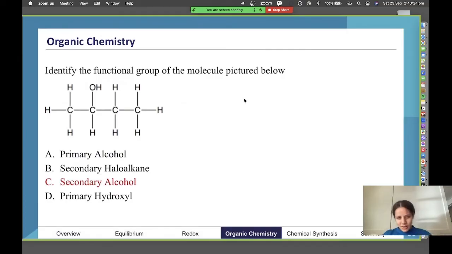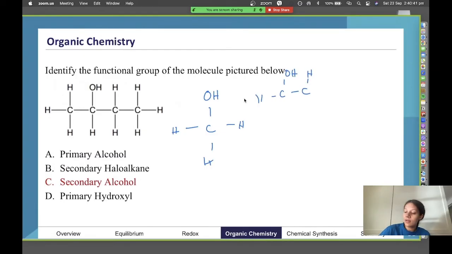So something to keep in mind with the primary alcohols, because I get this question quite a bit, is that if we had OH, C, and then just hydrogens, versus C, C, then OH. So this one, this is like a classic, I don't know, my pen did that.